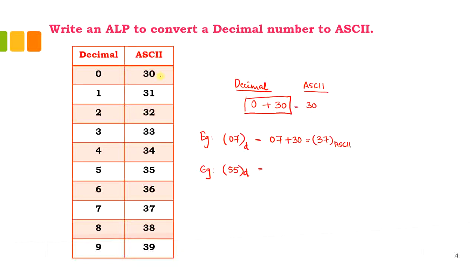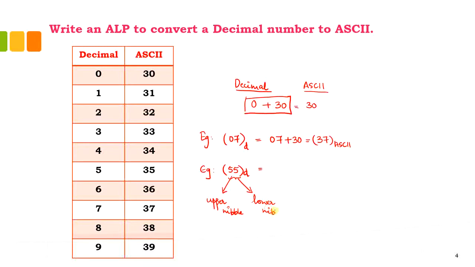So what we do in this case is mask this particular number so that we consider only the lower nibble. As you can observe here, you have the upper nibble and the lower nibble, right? This is the upper nibble, this is the lower nibble.